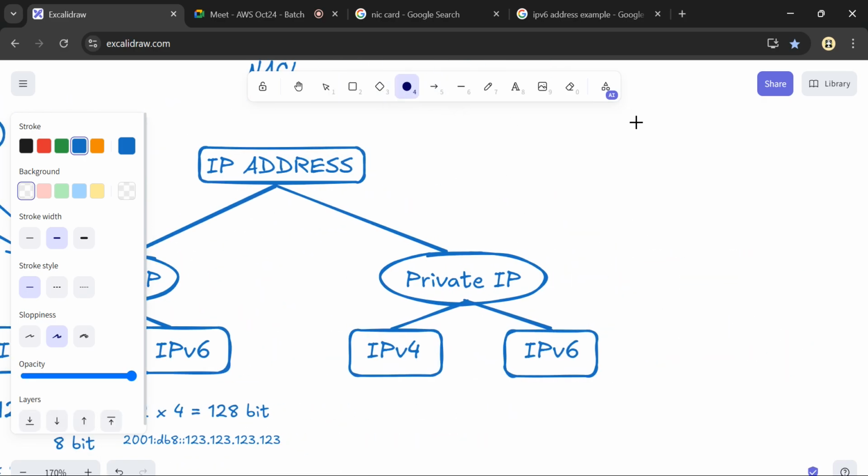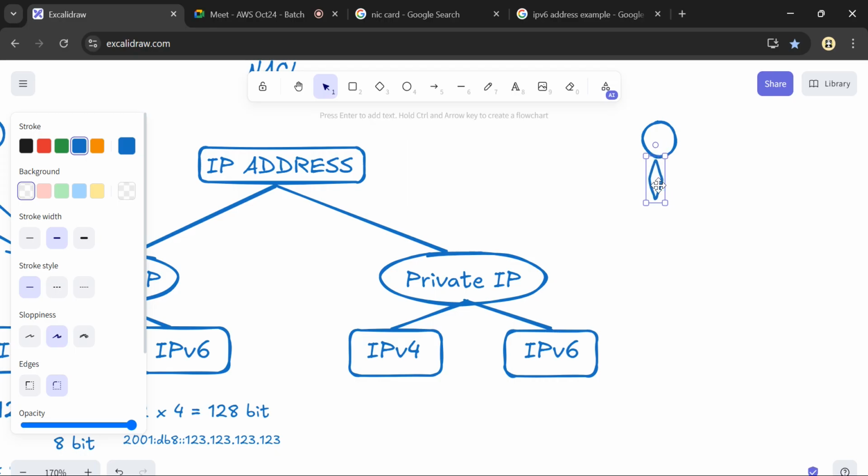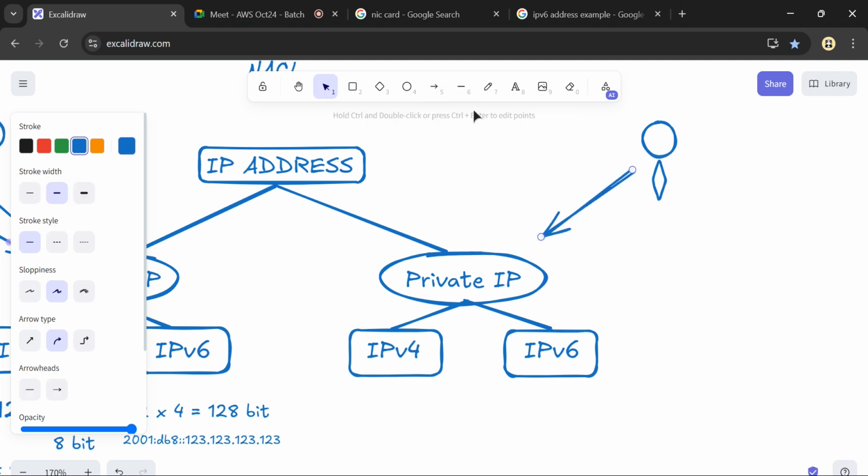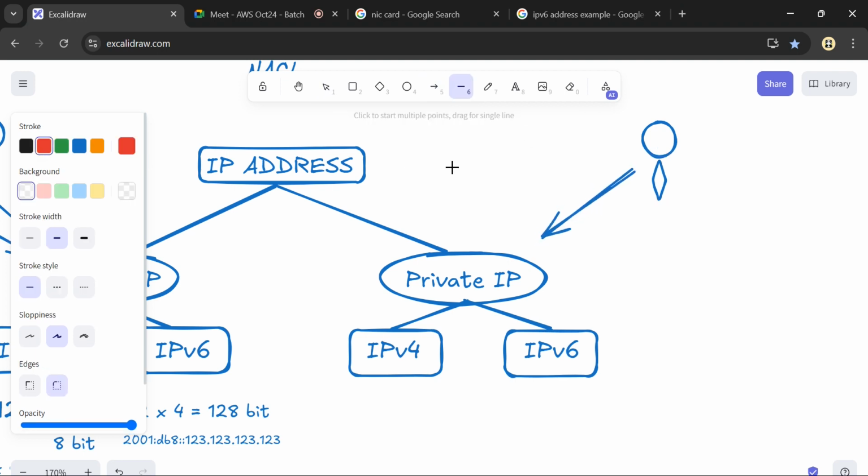So it will not be accessible to the outside world. Anybody from outside will not be able to access your private IP, but a private IP will be accessible internally, within your internal team.